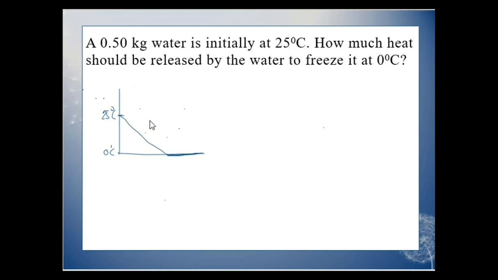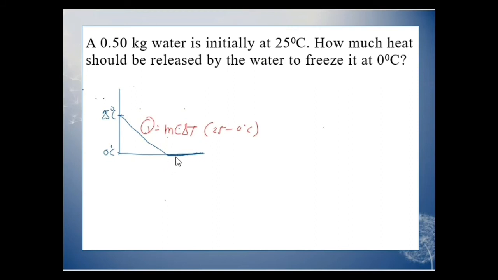It will just be Q from the first discussion that we had, mcΔT, wherein the temperature change is from 25 degrees Celsius to 0 degrees Celsius. If you solve ΔT here, that means 0 minus 25, so it will turn out negative.